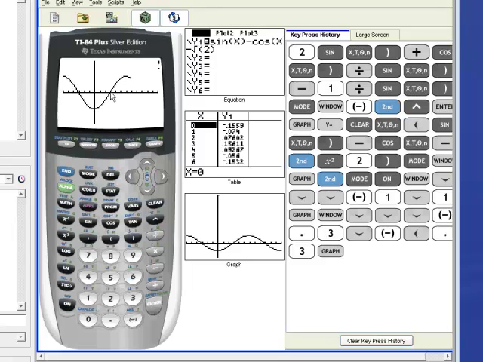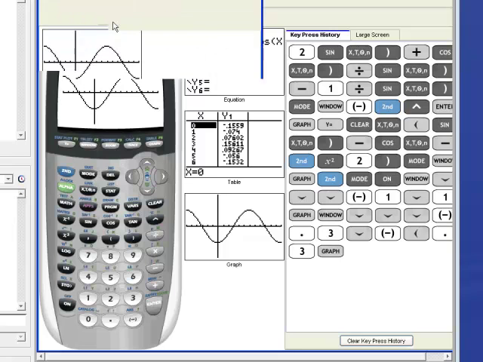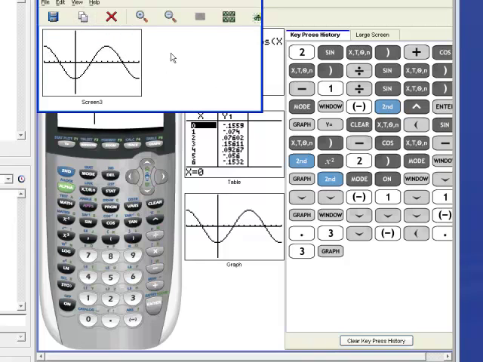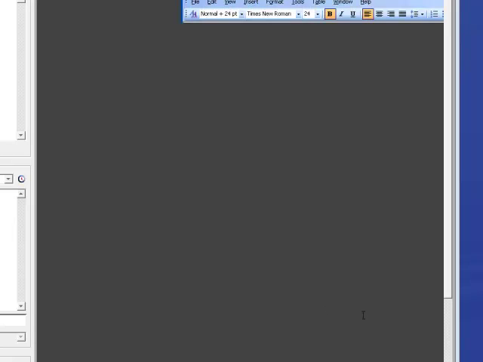Okay, so this one here tells me that I have a solution at 90 degrees because my scale is pi over 6, I believe. So at pi over 6, and then I have here would be 180, and then I have 270 degrees. So apparently some of these solutions that I got are extraneous. Take a screenshot and insert it. Right there.